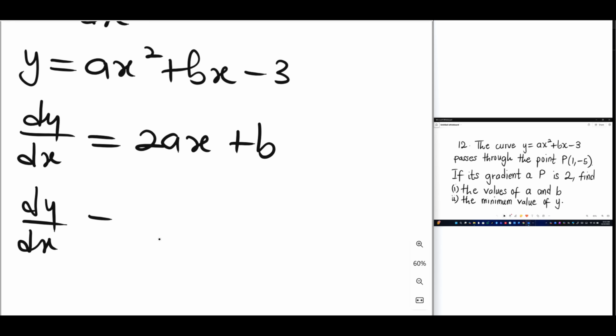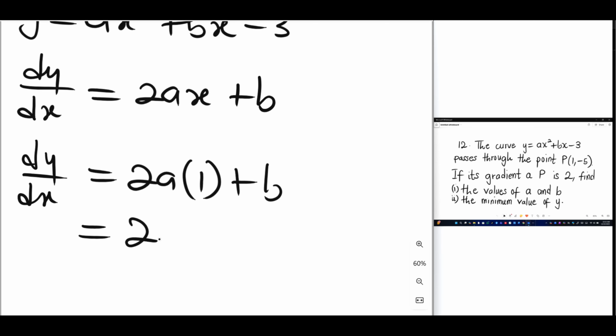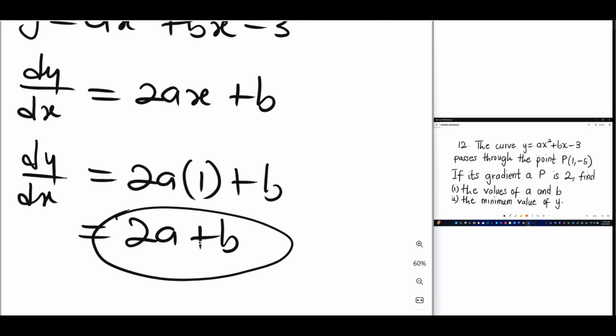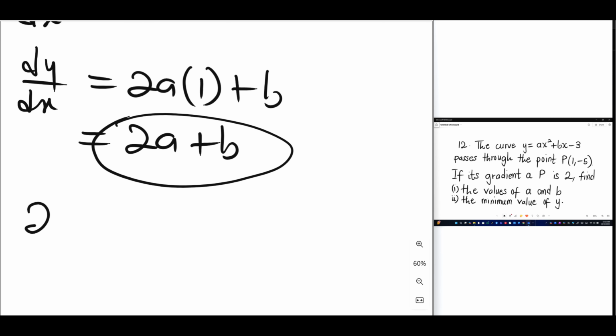So we have 2a times 1, that is the x coordinate where the gradient is equal to 2, then plus b. Then we have it equal to 2a plus b. It is given that the gradient is equal to 2. So we are going to get 2a plus b must be equal to 2. And that will give us our second equation.